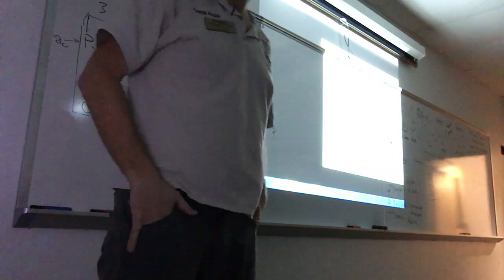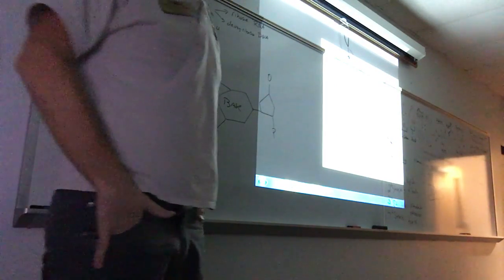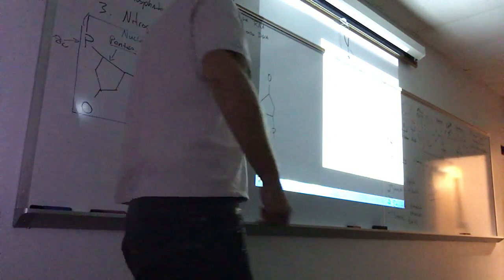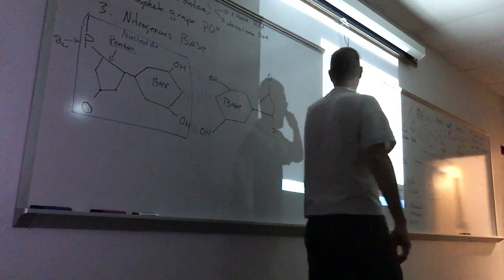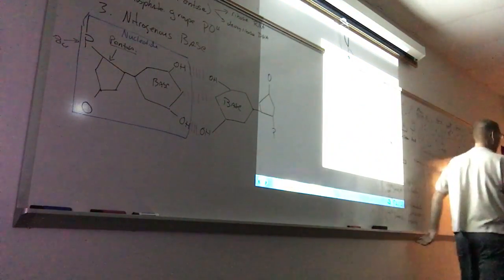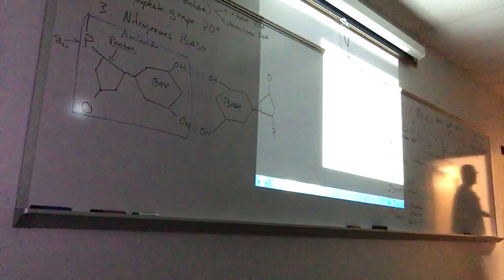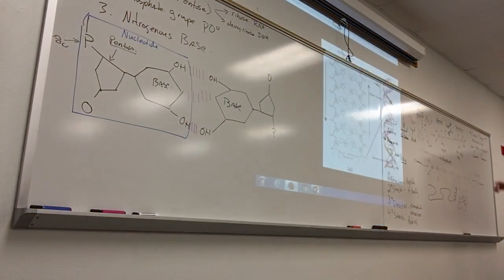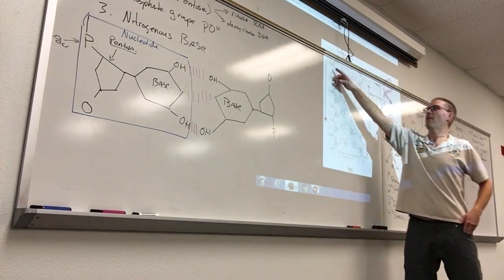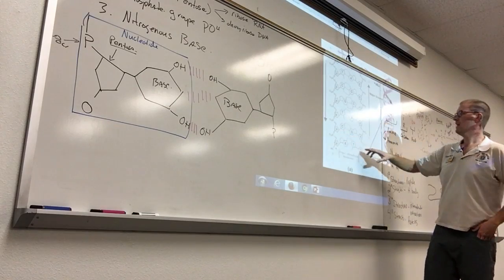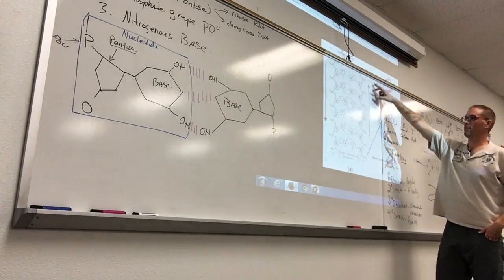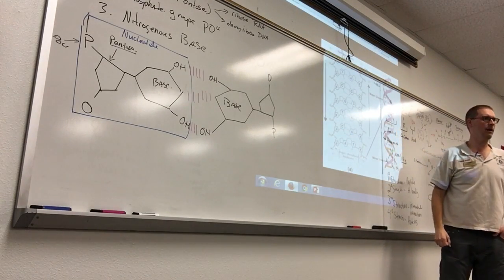I'm not going to ask you any questions about identifying which carbon it's attached to, so don't spend all day trying to count the carbons. That's not the point. The point is that on one strand, it runs 5 to 3 going down, and on the other strand, it runs 5 to 3 going up. Are you guys okay with that?